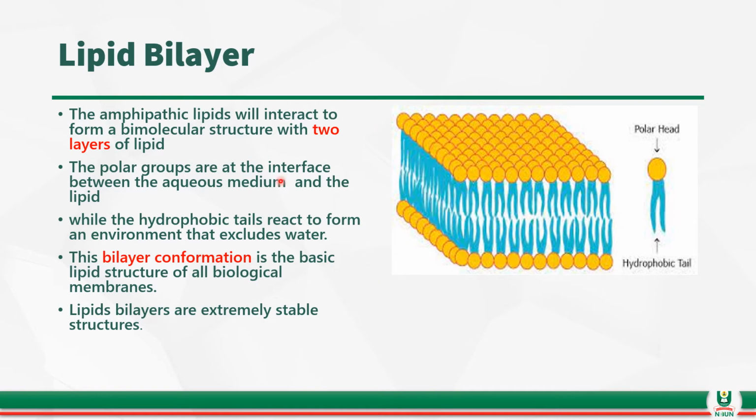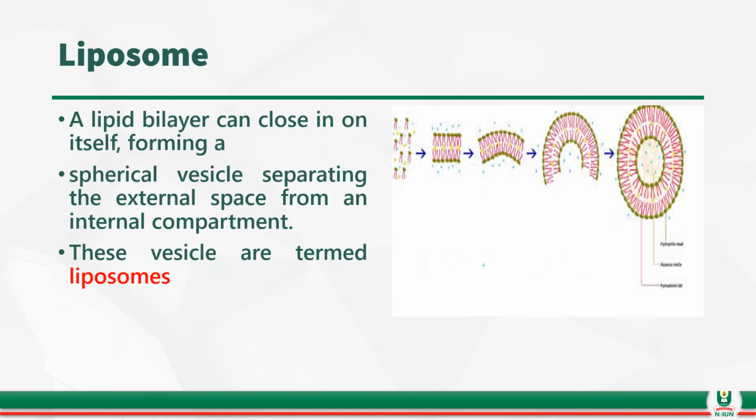Apart from this bilayer formation, at times the bilayer can form a sphere. When it forms a sphere, you can see what we have here. The phospholipids come together and join themselves and form a sphere.